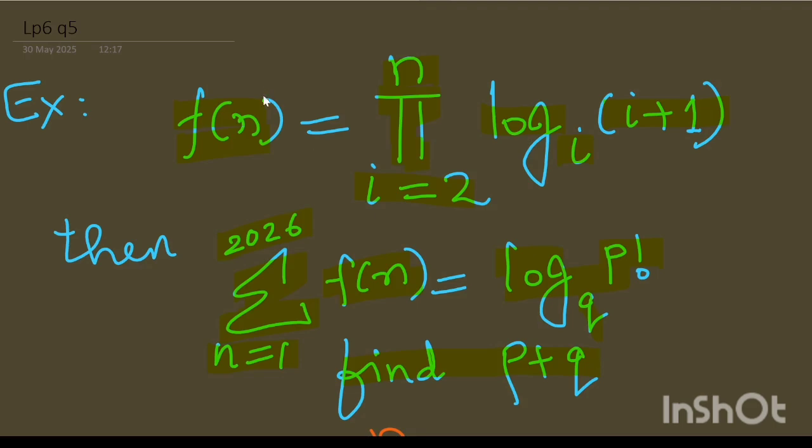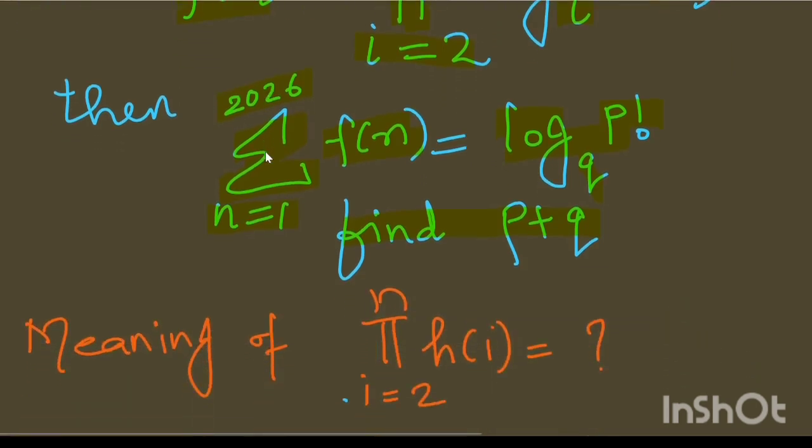So in order to solve this, the approach to this question lies in, if you do not know the meaning of this product i equal to 2 to n hi, it means what, guys? The product means we will substitute the value of i equal to 2, so we will get h2. Then after 2 we will substitute 3, so we will get h3.